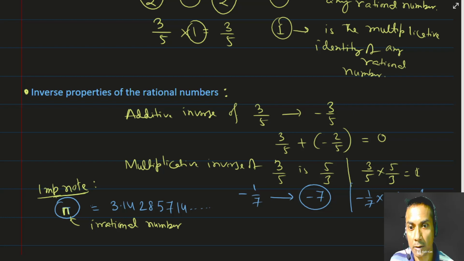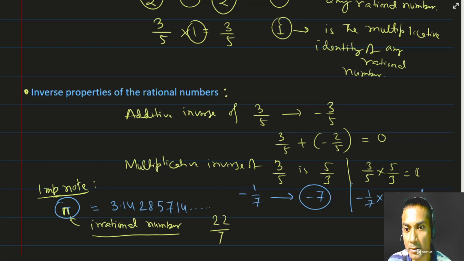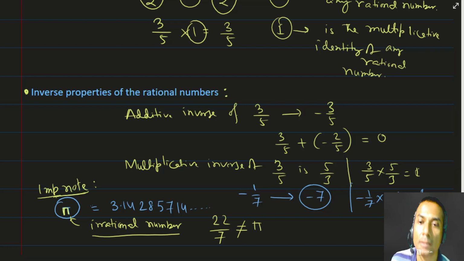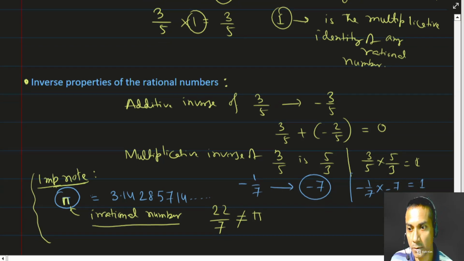Because we get pi from 22 by 7, but it is not the exact value of pi. Correct? You must consider that. It is a very important note to everyone.